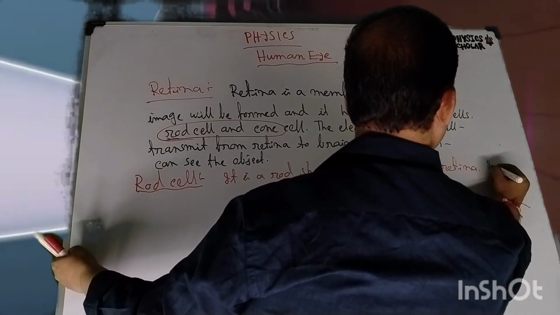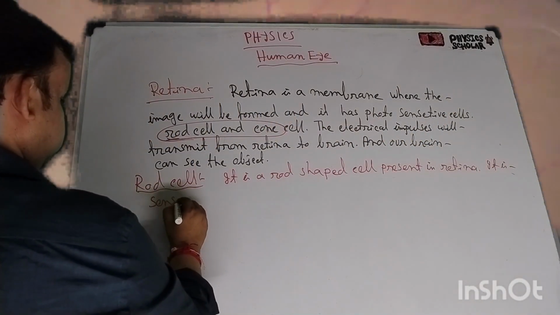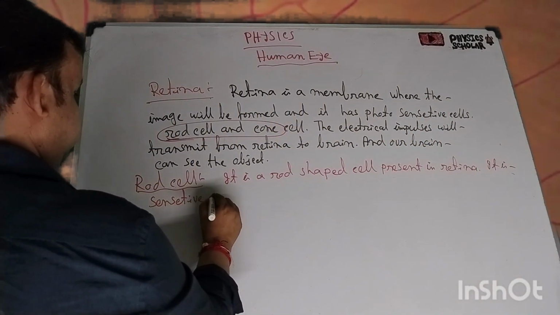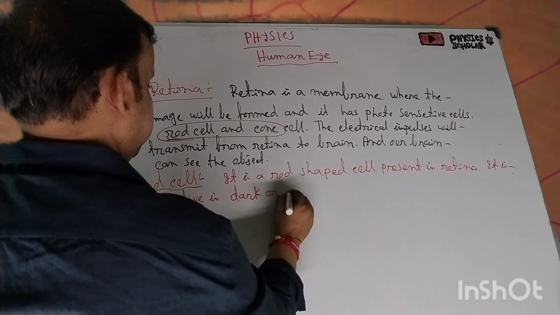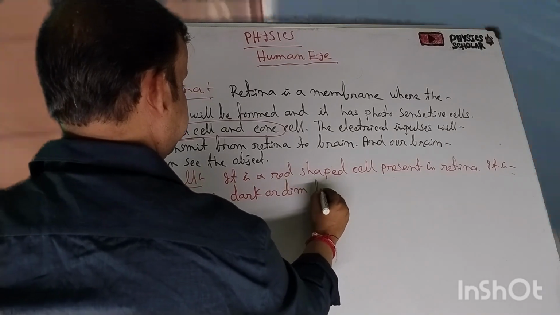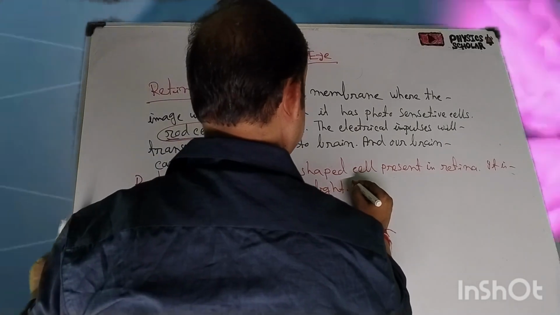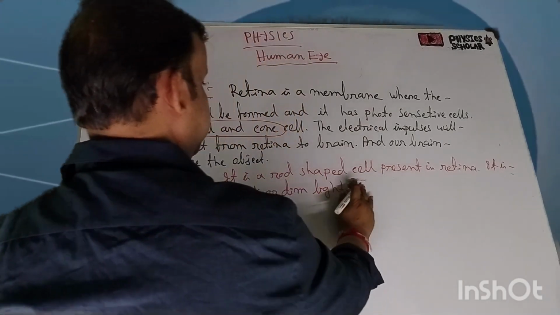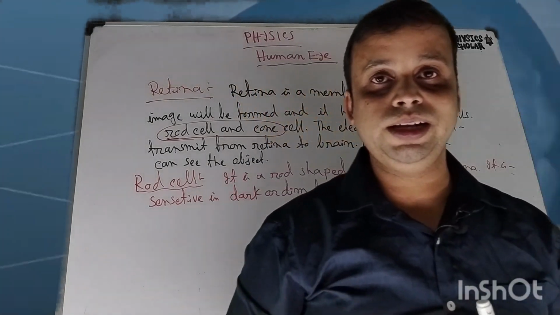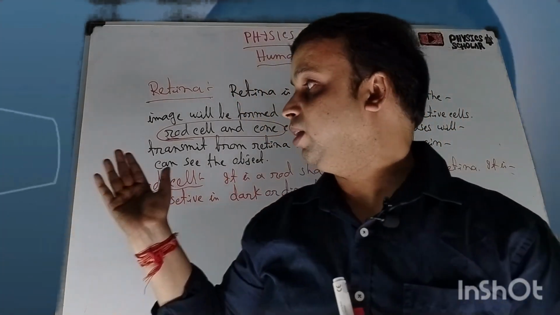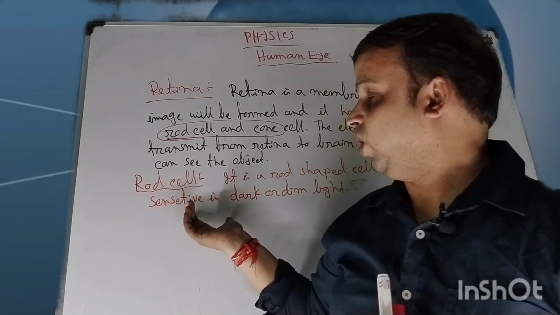It is sensitive in dark or dim light. Clear? Dim light. That means what? Rod cell. So the rod cell is a rod shaped, photosensitive cell present in the retina and it is sensitive in dark or dim light.